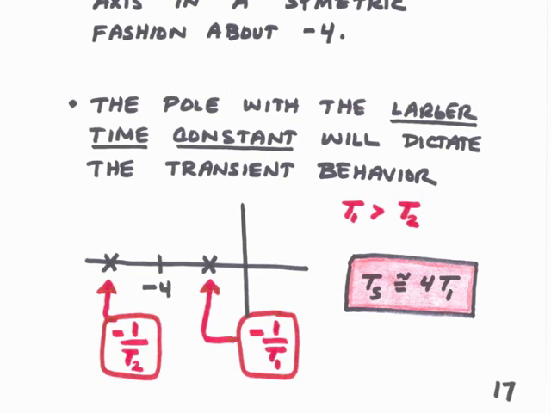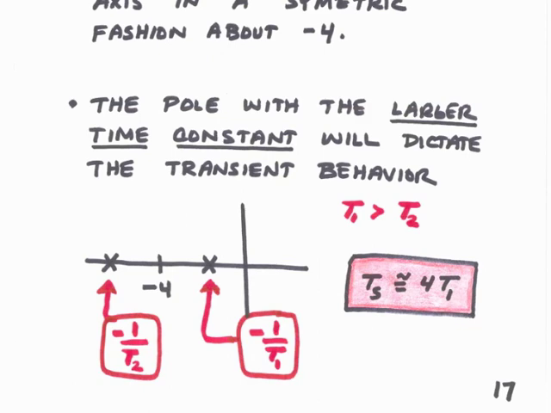That is, the pole that's closer to the origin on the real axis. For ours, this was at -1 over t1, and the other pole was at -1 over t2. So our settling time will be approximately 4 times t1.